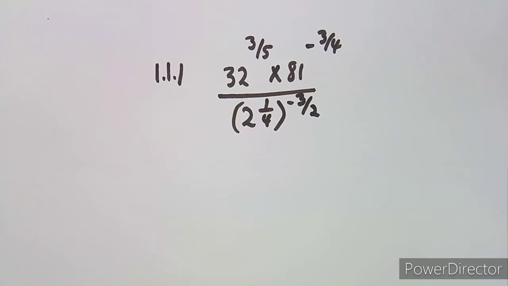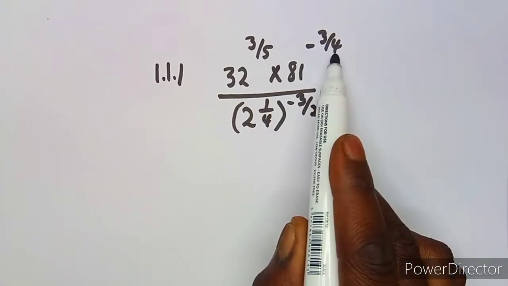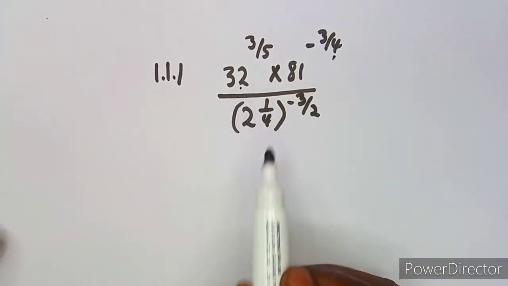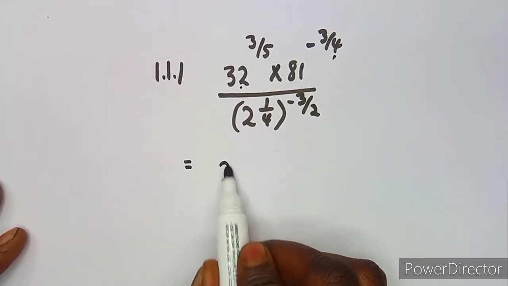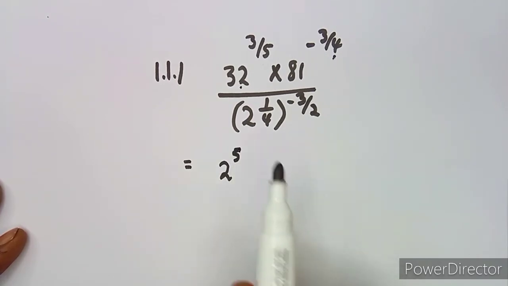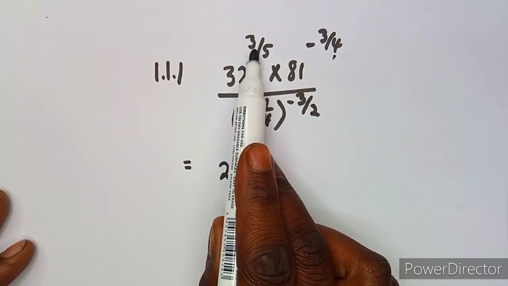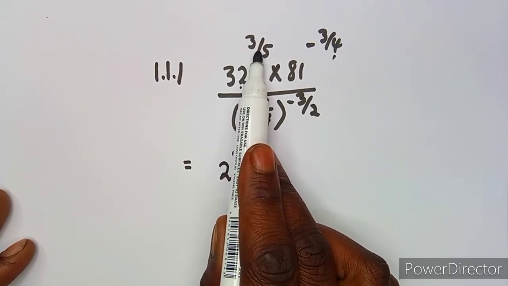We know there's a relationship between these numbers. We've got 5, 4 here. 32 can be written as 2 to the exponent of 5. Because there's an exponent of 3 over 5, you're going to multiply by the exponent of 3 over 5.